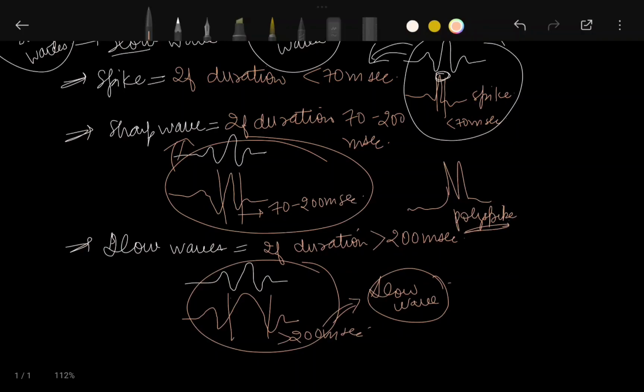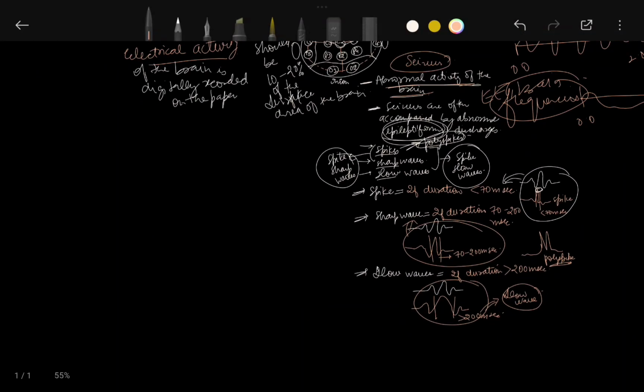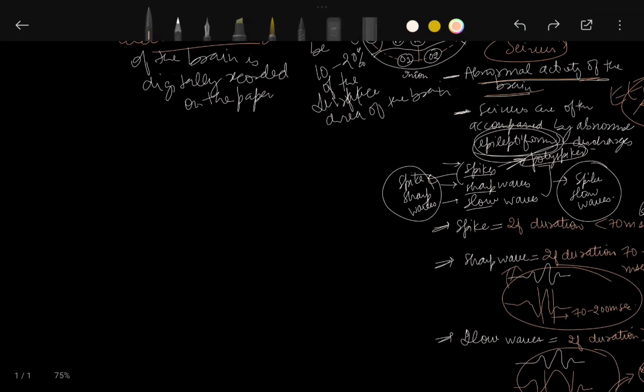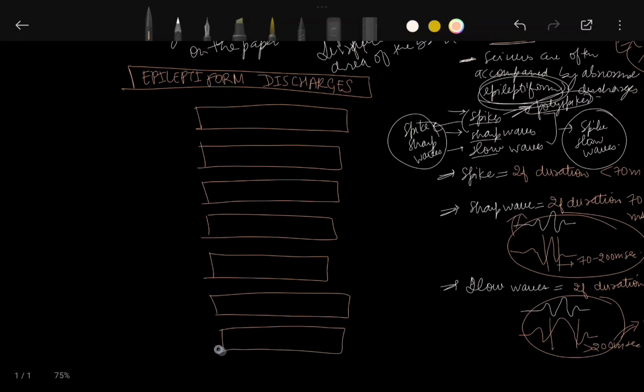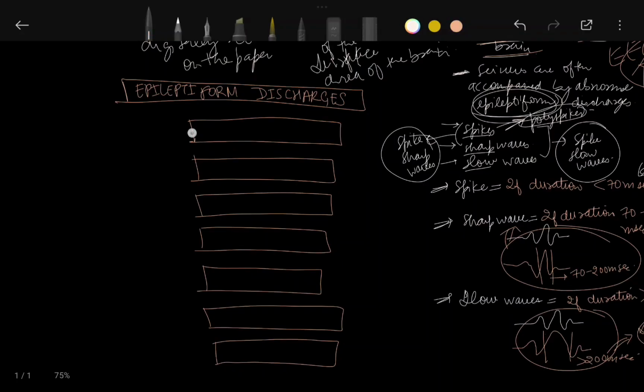Now what are the other epileptiform discharges? Now I'll put some questions and we are going to guess which kind of spike or shape that is. These are the different forms of epileptiform discharges. First of all, there is something like this.